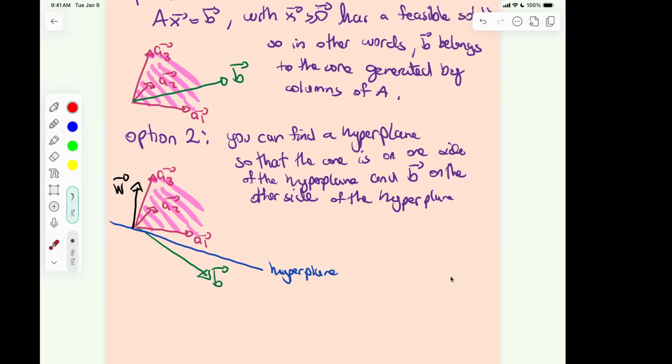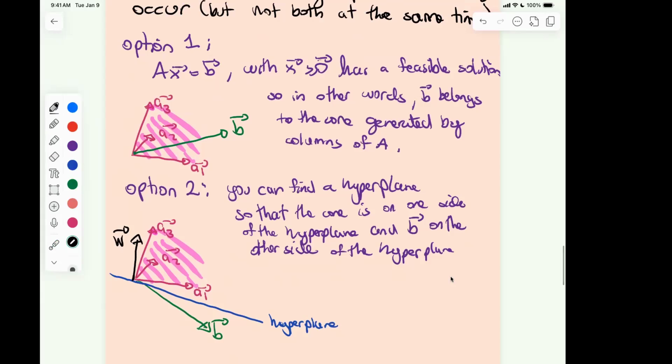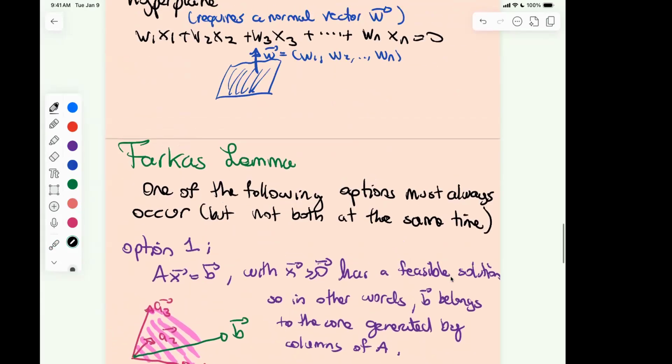I don't know if you remember how the dot product works. Maybe I should write it on the board: what is the dot product between two vectors? U dot v is the product of the magnitudes times the cosine of the angle, right? If you remember the formula of the dot product.